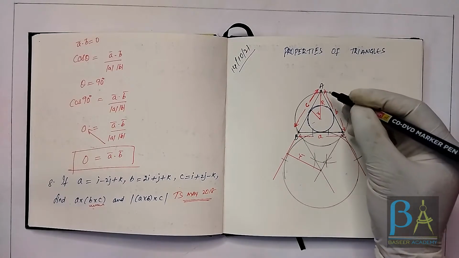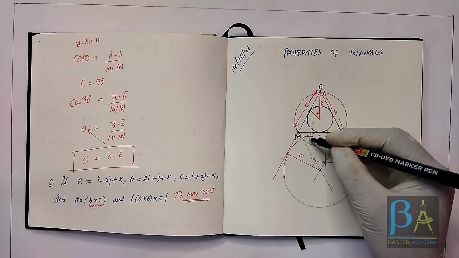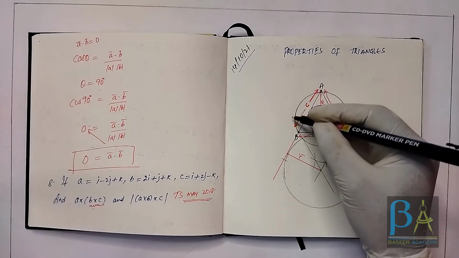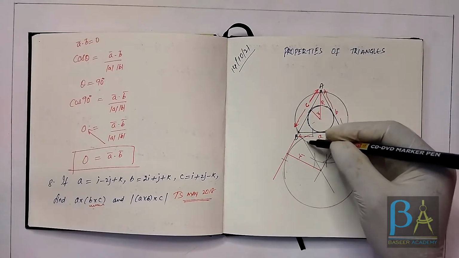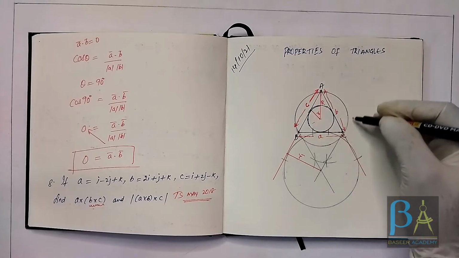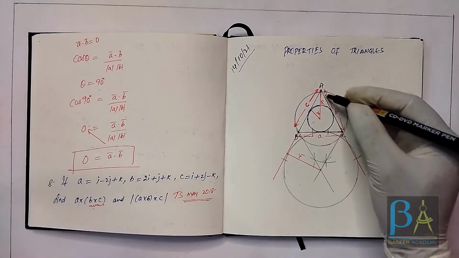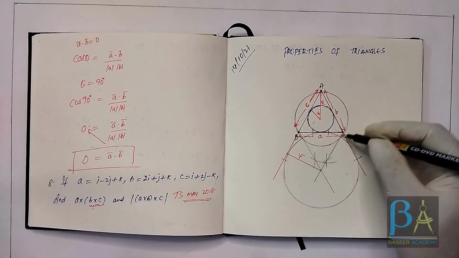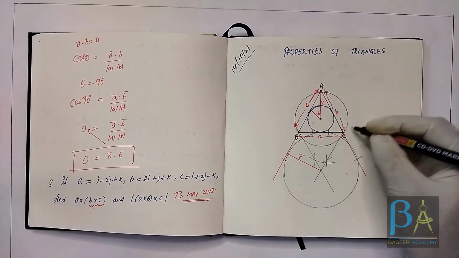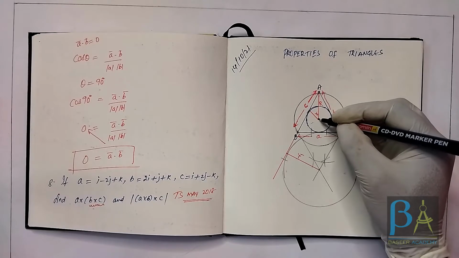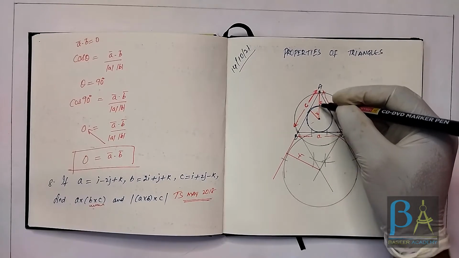Now let us say we have this circumcircle here. A circumcircle is a circle which circumscribes a triangle, which means it is a circle which passes through all the three vertices of this triangle. Let us say I have this as the center of this circumcircle, and this would be the radius of the circumcircle.